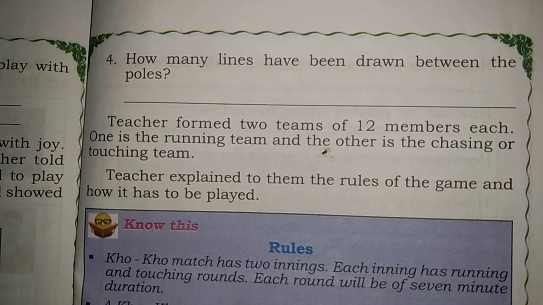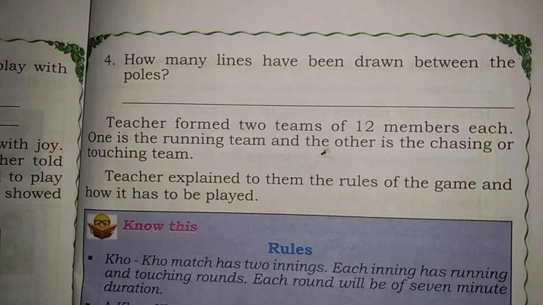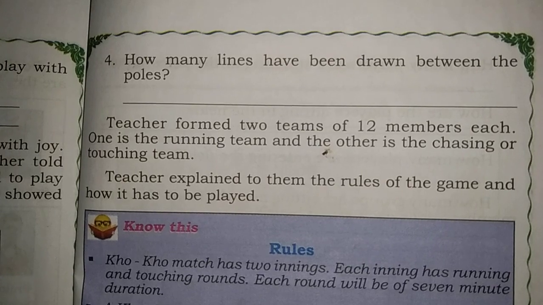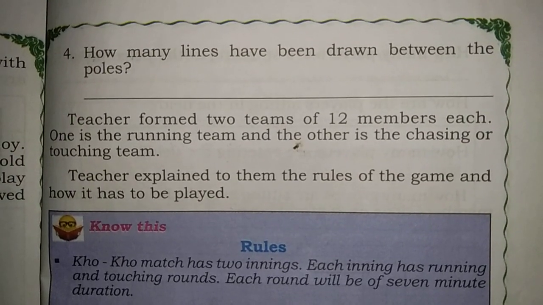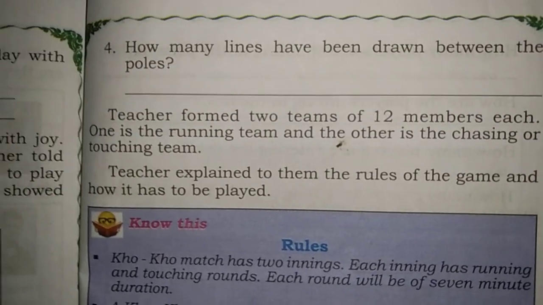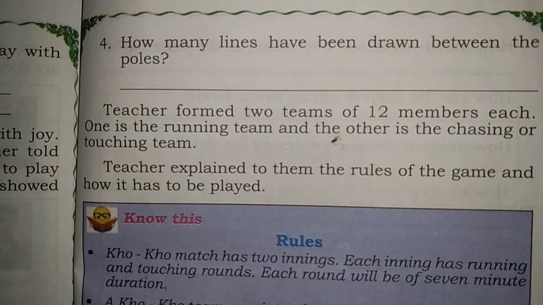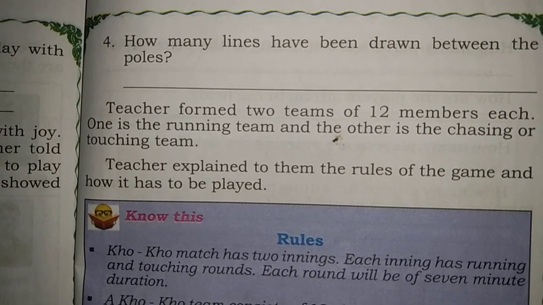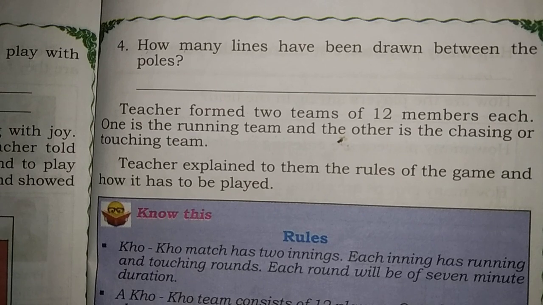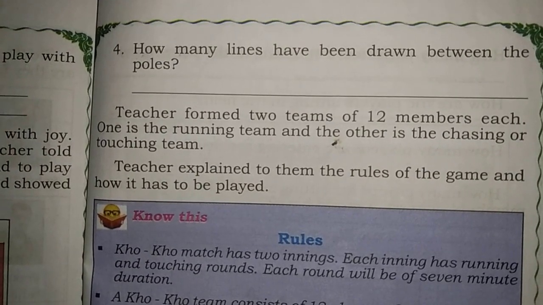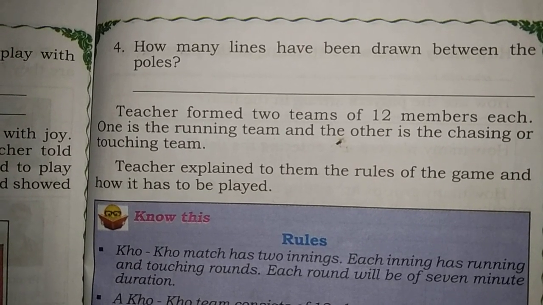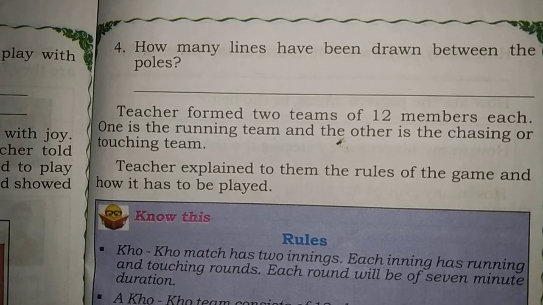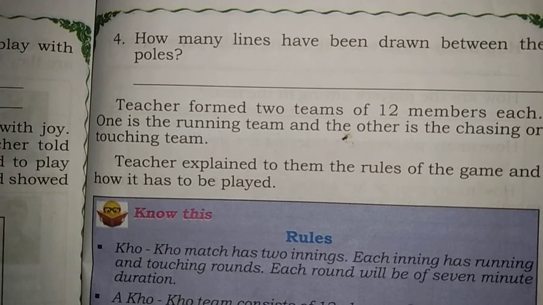One team contains 12 members. One is the running team and the other is the chasing or touching team. Here there are a total of 24 members. Among the 24 members, each group carries 12 members. One group is the running team and the other group is the chasing or touching team.